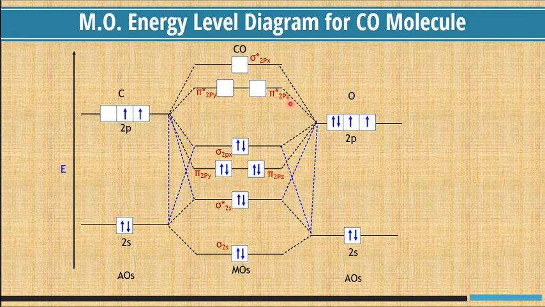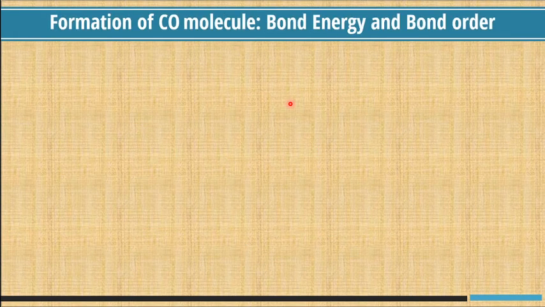So this is the molecular orbital energy level diagram for carbon monoxide molecule. Let us calculate the bond energy and bond order for the formation of carbon monoxide molecule.